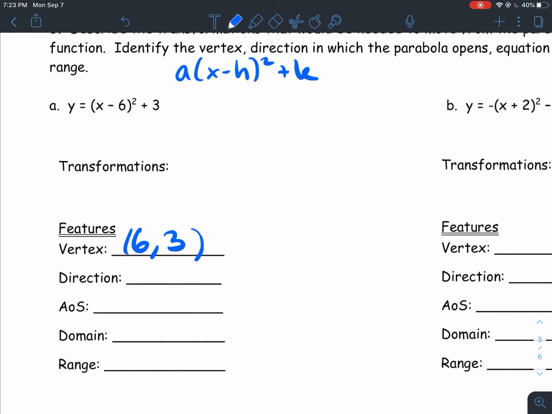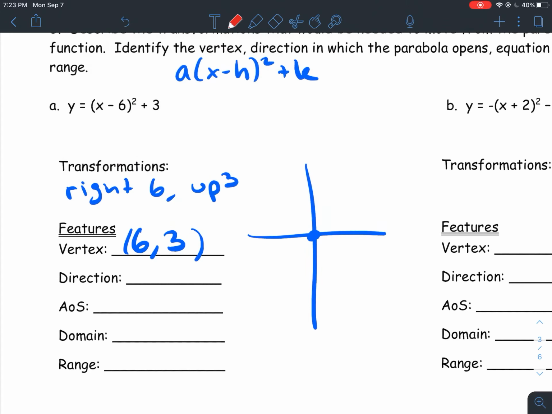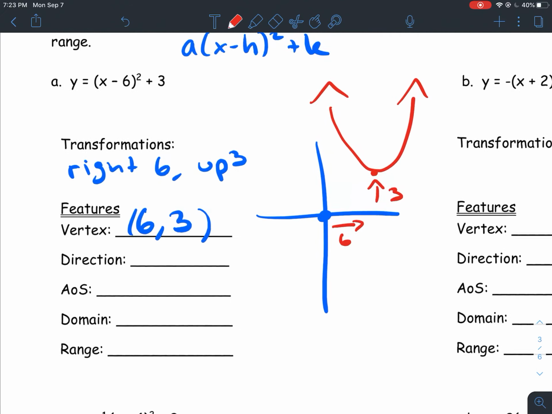So you would say that the transformation is going to be right 6 and up 3. So think about it this way. Our vertex started off here. Then we have to go to 6, 3. We went 6 to the right, up 3. Okay, so that's the only transformation that occurred, and this would look something like that.